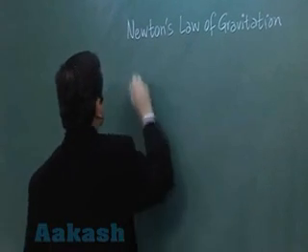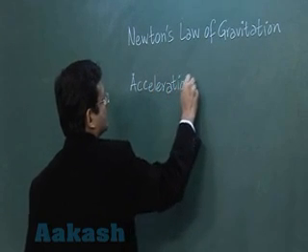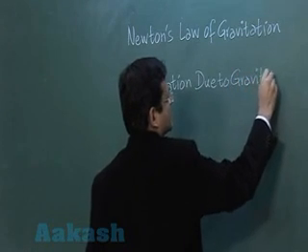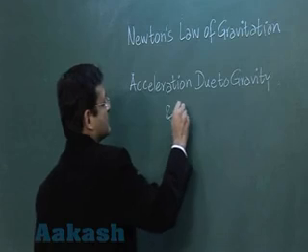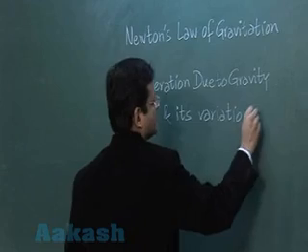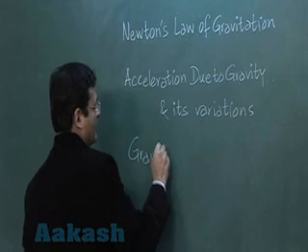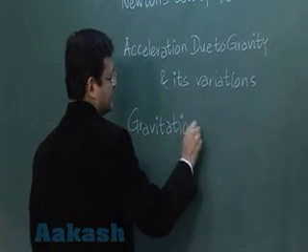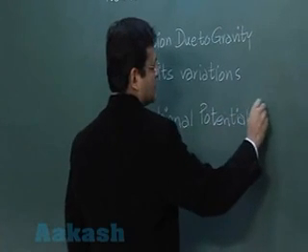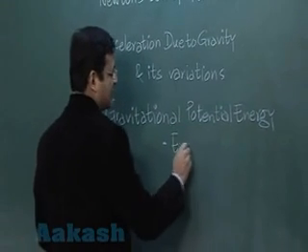Then we talked about acceleration due to gravity and its variations. Then we talked about a very important concept, that was gravitational potential energy. Related to that was a concept of, you can say, escape speed.